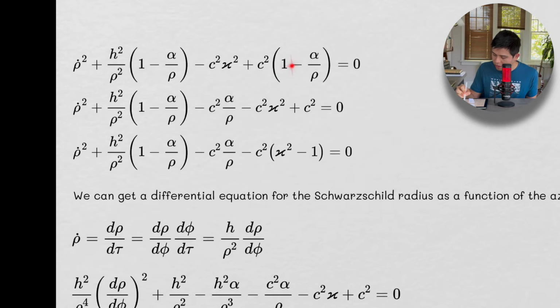So c squared times alpha over rho is right here, and then c squared kappa squared. Okay, this is a negative because of this right here. All right, and so we can then regroup a few things to get this.